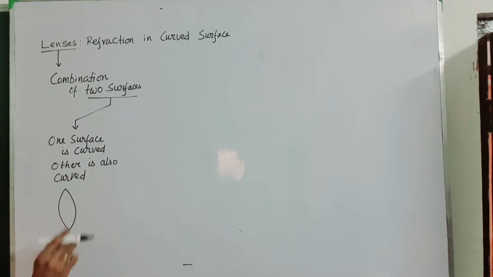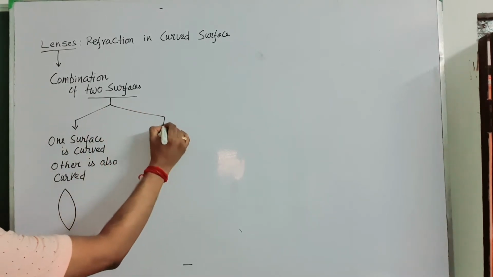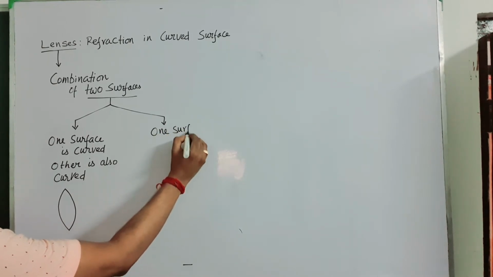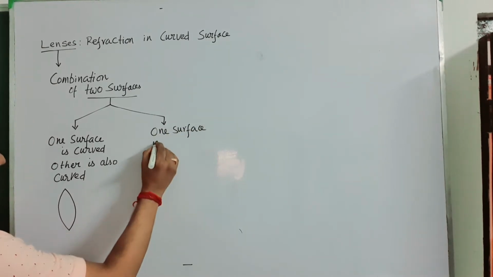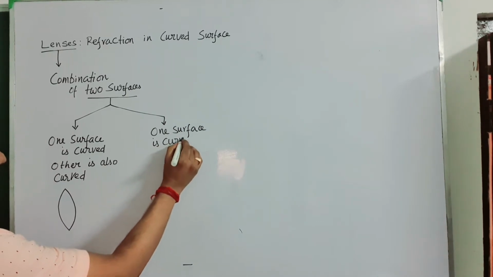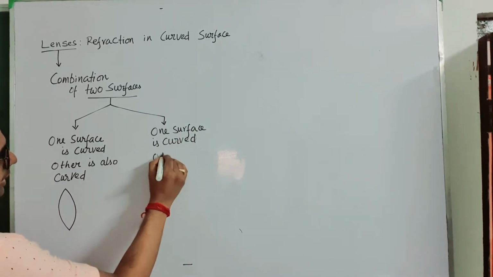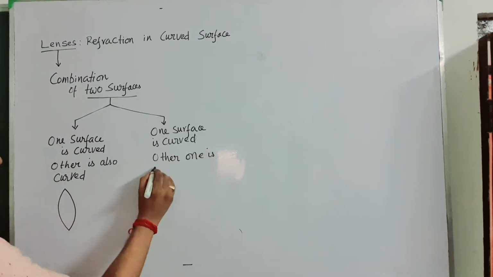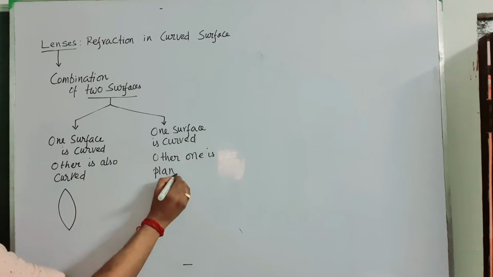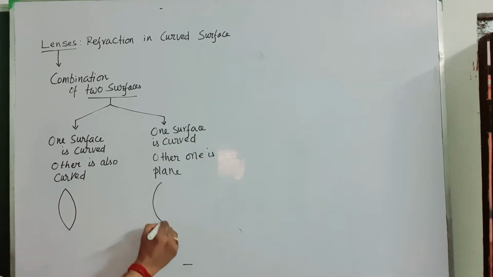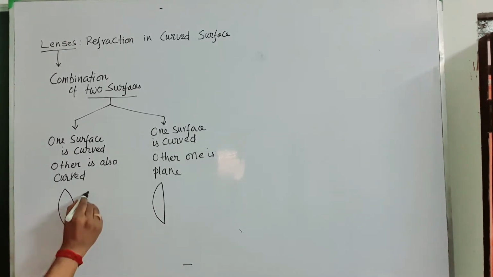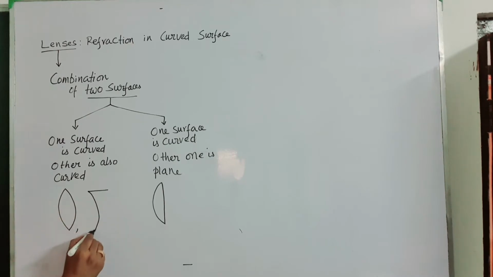Okay? Another case is one surface is curved, other one is plane. That means like this. One surface is curved, the other surface is plane surface.